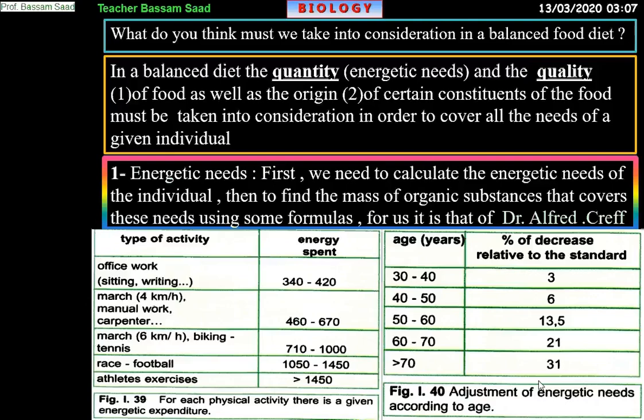First, we need to calculate the energetic needs of the individual. Then, to find the mass of organic substances that must cover these needs. So we know this individual must eat 7 kilograms of food, okay. But what about the organic substances that must exist in this food? The quality. Dr. Alfred gave us a formula.